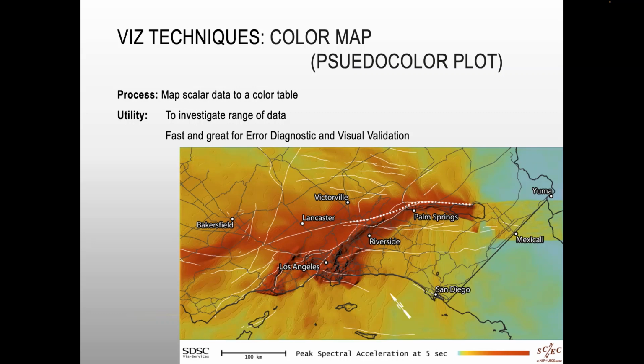And so you can see the regions that shook heavily in deep red, and the regions that were not affected in kind of teal blue, sort of a green color, and then everything in between. And this is great to assess the range of the data, or at least the scale of the data.